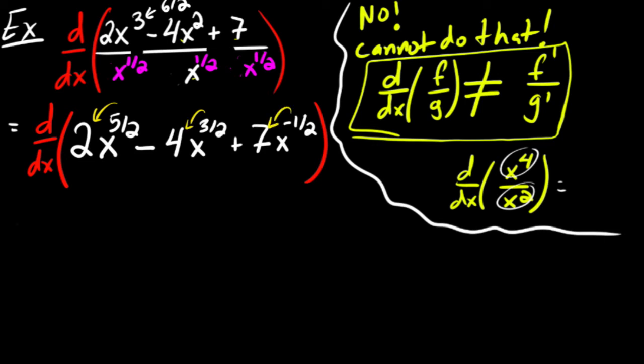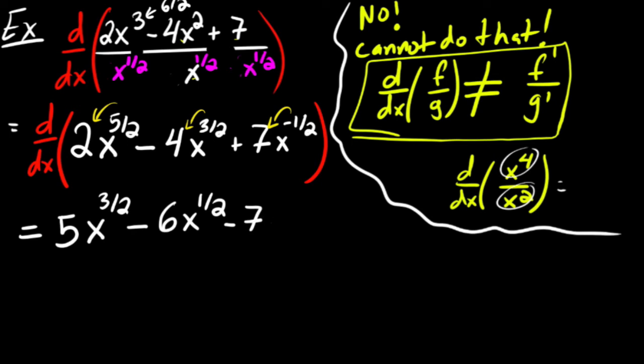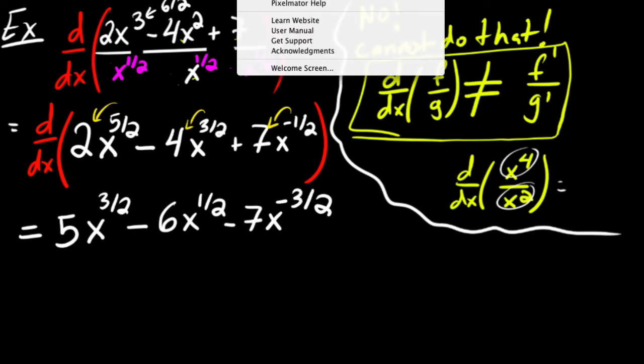So when I get the derivative of this guy, this is equal to 5/2 times 2, which is just 5, x to the 5/2 minus 1, which is 3/2, minus 3/2 times 4, that's equal to 6, x to the 1/2. And then negative 1/2 times 7, that's negative 7, x to the negative 3/2.